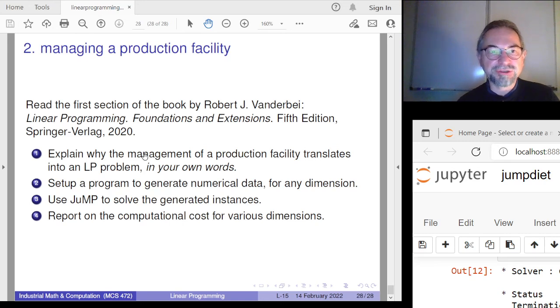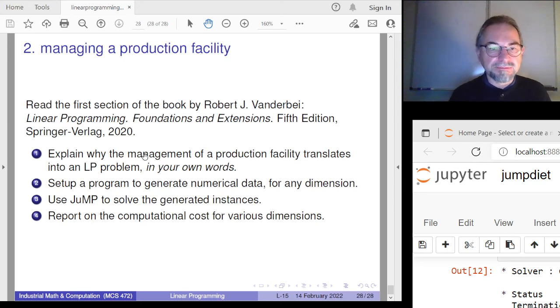What is required of this project? Describe the managing of a production facility. In a way, we have solved this problem already. Our first numerical example was with 2 units. But here, set up a problem that can actually scale for any dimensions. So you have any number of units, any number of resources that are constrained.